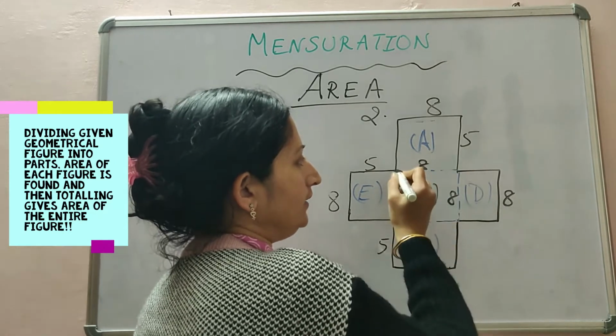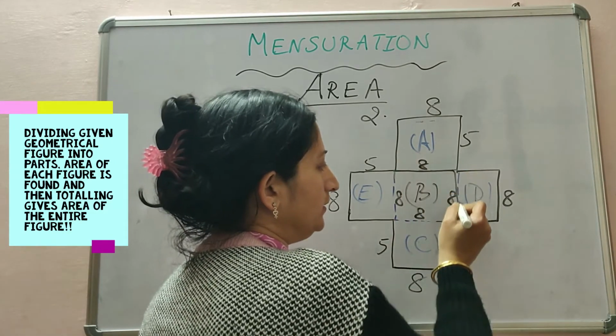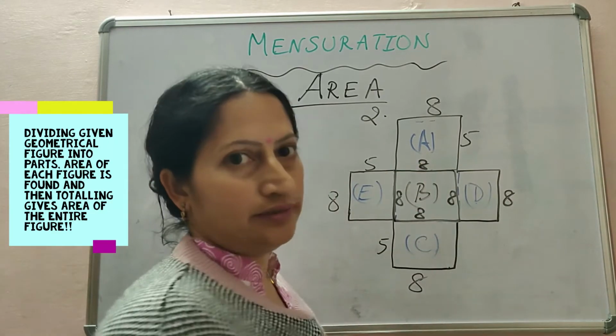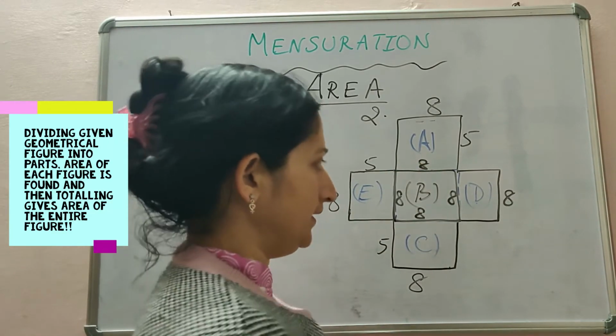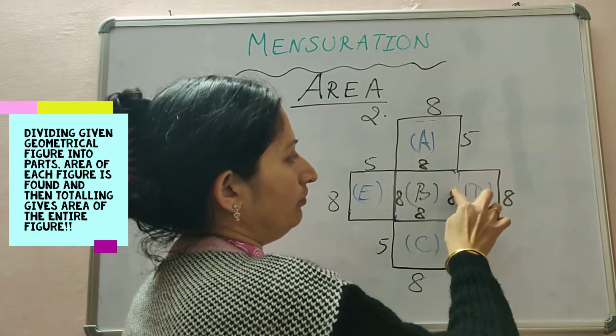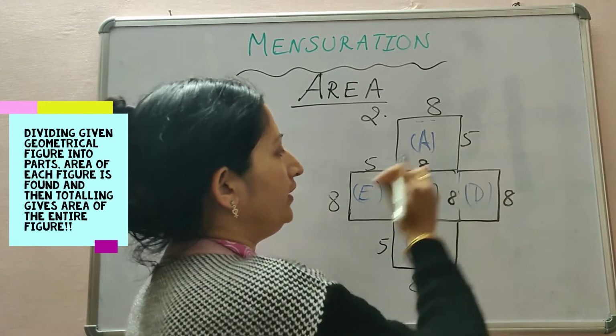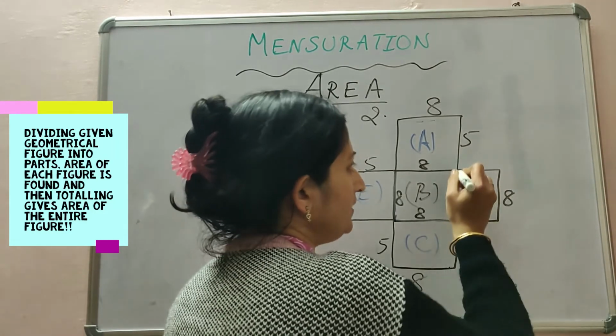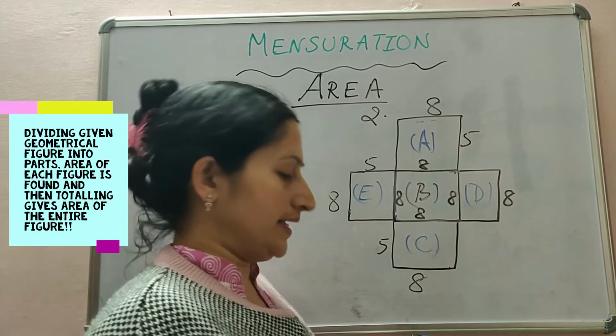So in the center, we have got a square. This is a square figure which we have got in the center. So we have got 1, 2, 3 and 4 rectangles and one square figure in the center.